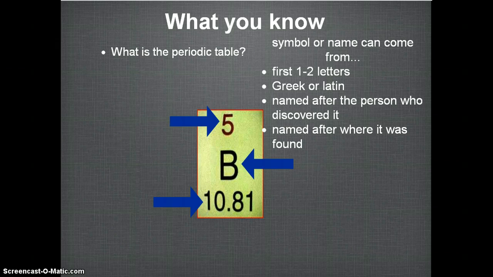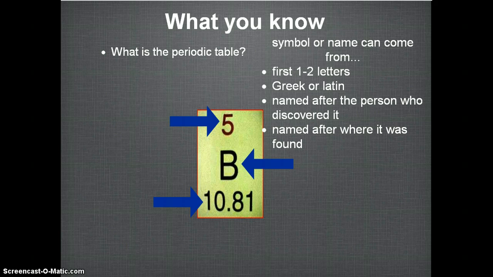So, what is the periodic table? We've talked about that in class. The symbols are either the first 1 or 2 letters of the element, or sometimes they originate from the Greek or Latin name. For example, lead is Pb, and that's kind of weird, Pb is not the first 2 letters of lead, so what's up with that? Well, it's the Latin name, which is something like plumbum.